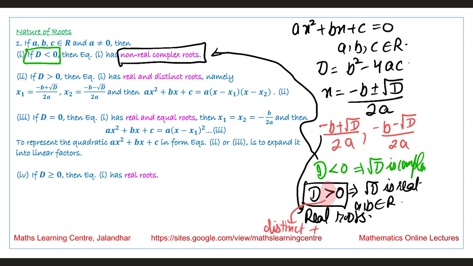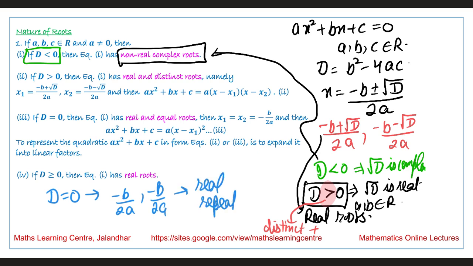And the last case is, if the value of d is equal to 0, then the roots will be minus b by 2a, minus b by 2a. So both the roots are real, and these are called repeated or equal roots. So these cases are discussed here. If d is greater than 0, then we have real and distinct roots.